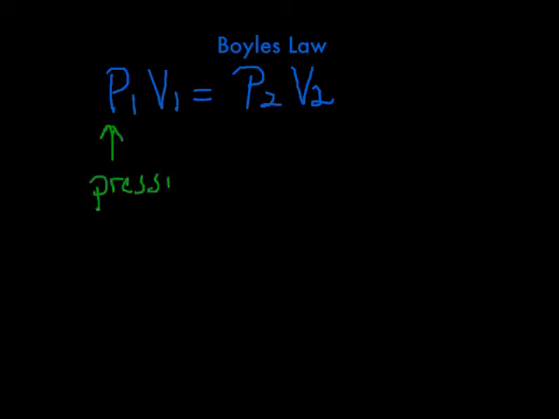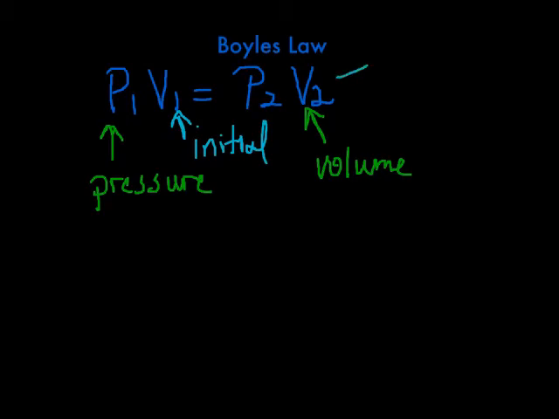Boyle's law is simply P1 V1 is equal to P2 V2, and temperature is constant. P represents pressure, and V represents volume. 1 represents initial, or the beginning pressure or volume, and 2 represents final.